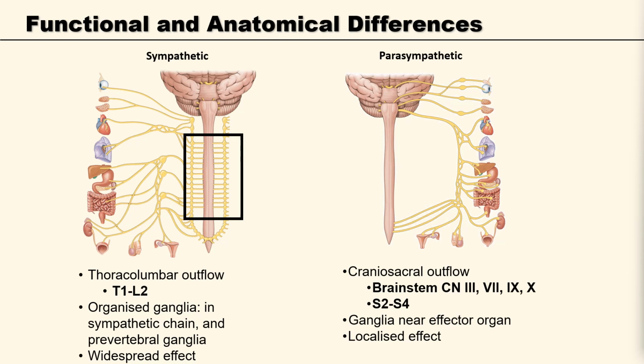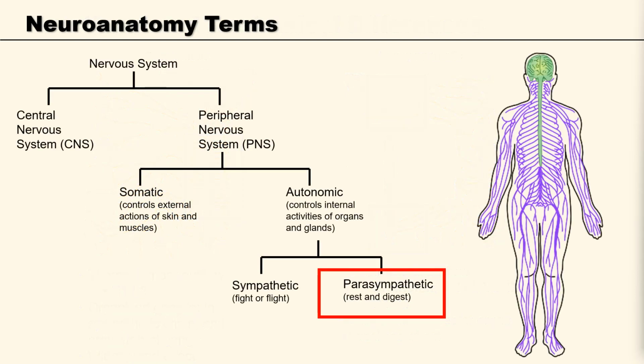And the parasympathetic innervation arises from the cranial nerves, mostly, and S2 to S4 lateral grey horns. But don't worry, we'll go through this in a moment. So now we'll take this one step at a time and look at the parasympathetic innervation to the organs.